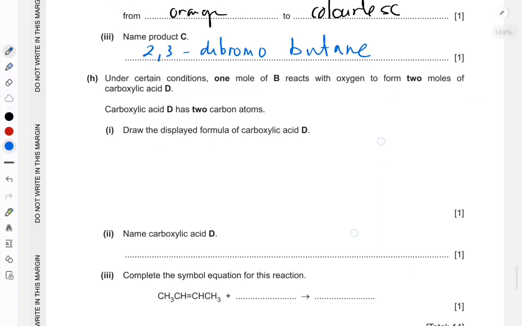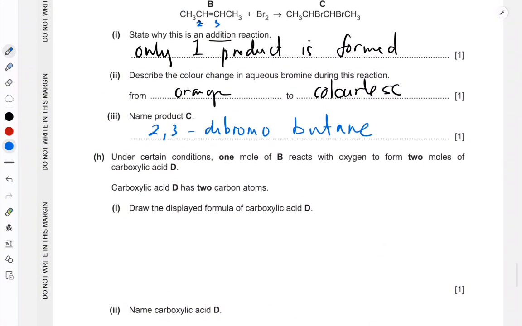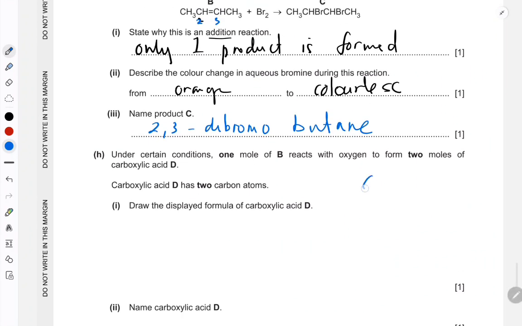Under certain conditions, 1 mole of B reacts with oxygen to form 2 moles of a dicarboxylic acid. 1 mole of B forms 2 moles. Draw the displayed formula. So obviously, class, it must have attacked the center to create 2 identical products.